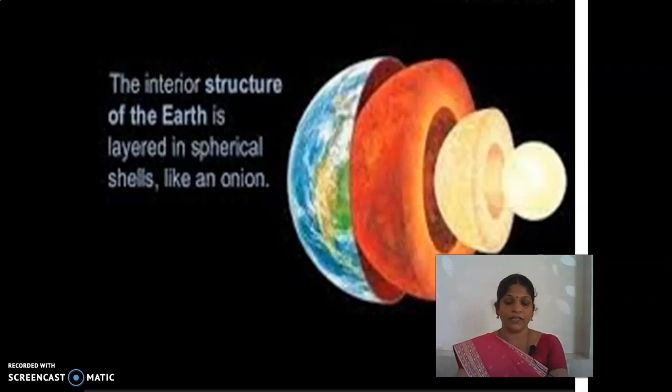Yes, do you understand, children, that our earth is not made up of a single or uniform material? Already we know it is an irregular shape. Here they are saying it is not made up of uniform materials. It is made up of 3 concentric shells. What are those shells?